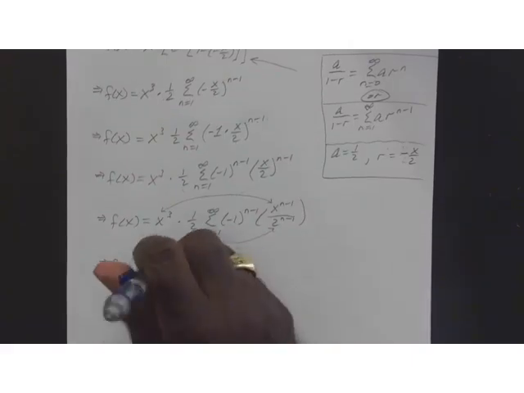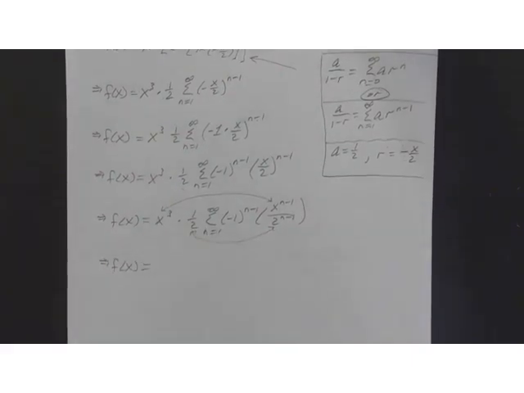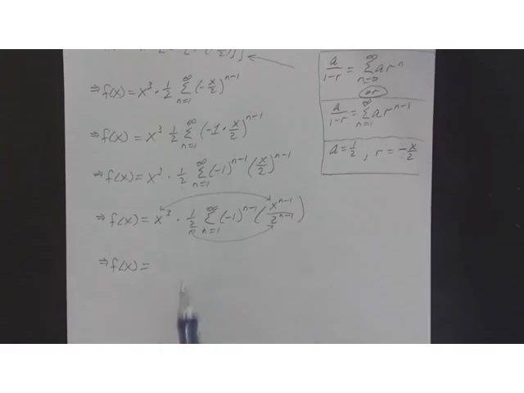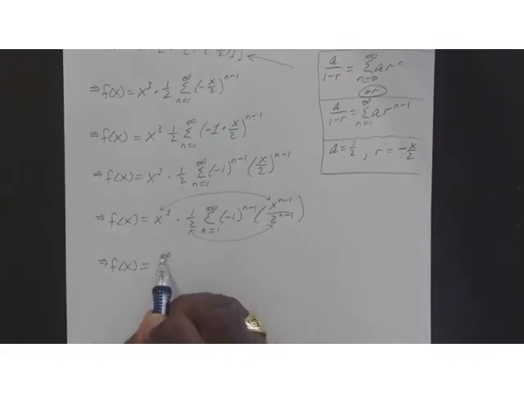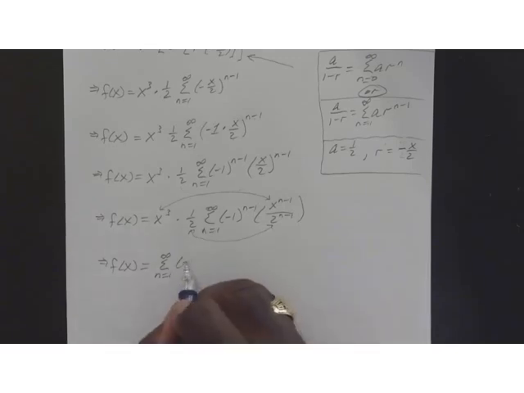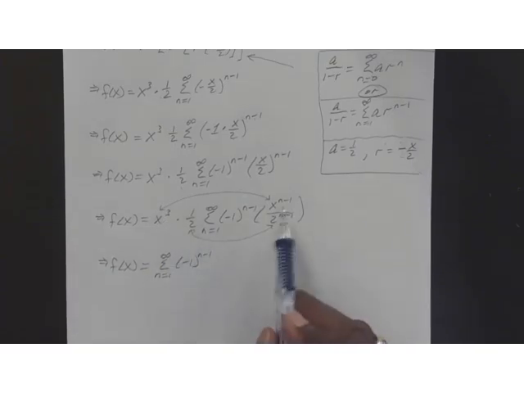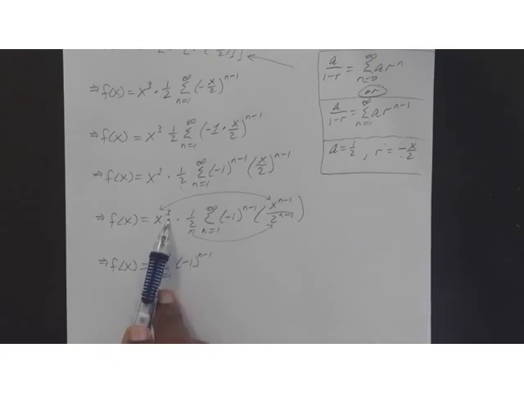Well, actually, if we combine it, we can get rid of that, which makes it a lot easier. So we have the sum from n equals 1 to infinity of -1 to the power of n minus 1. And we have x to the third power times x to the power of n minus 1. We have x to the power of n minus 1 plus 3.